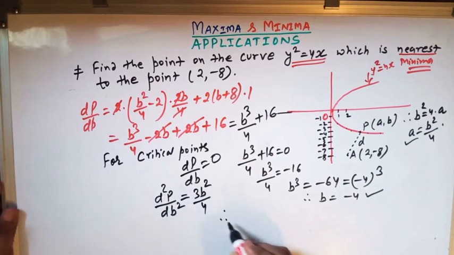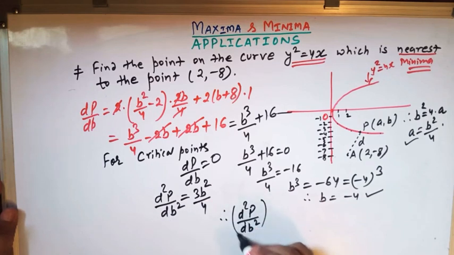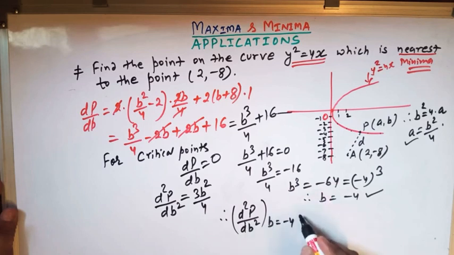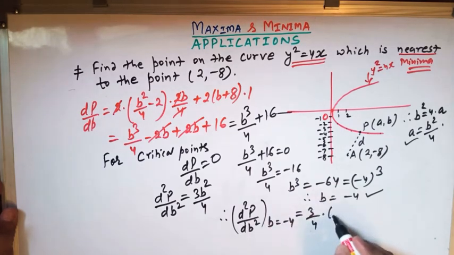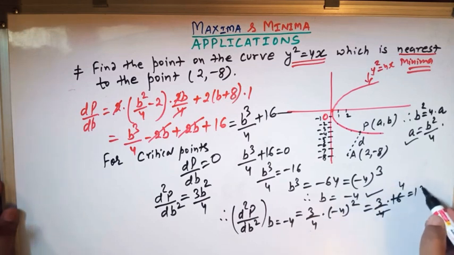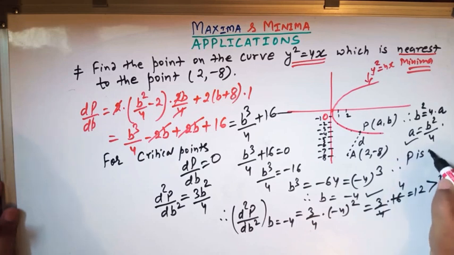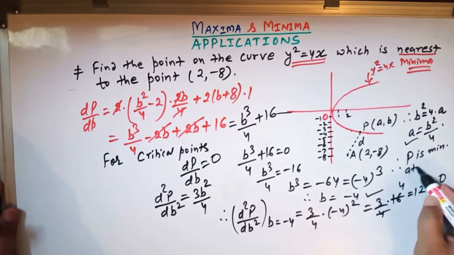Therefore the value of this second derivative at b equal to minus 4 is 3 by 4 times minus 4 whole square, and this is 3 by 4 times 16, this is 4 fours, this is 12, and this is greater than 0. So therefore we can say p is minimum at b is equal to minus 4.